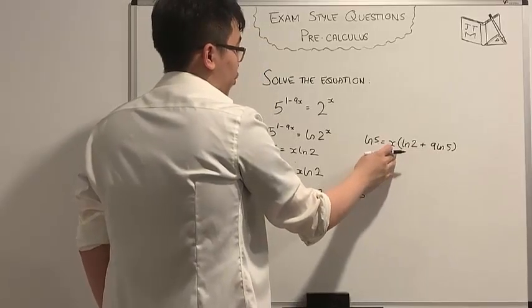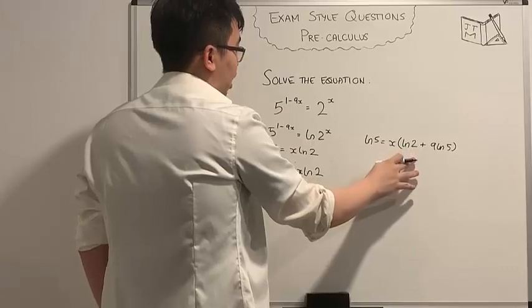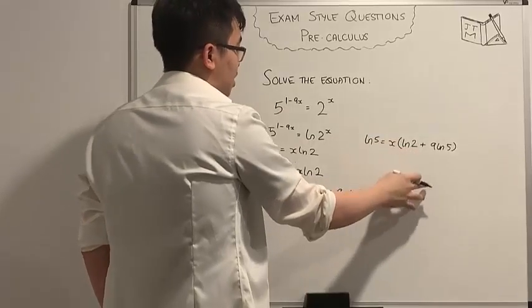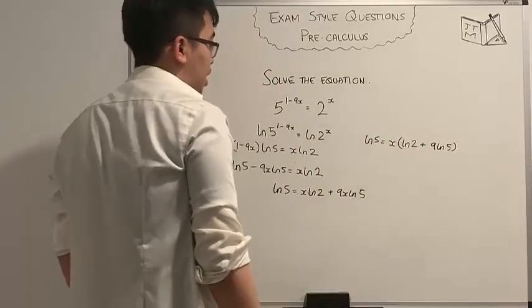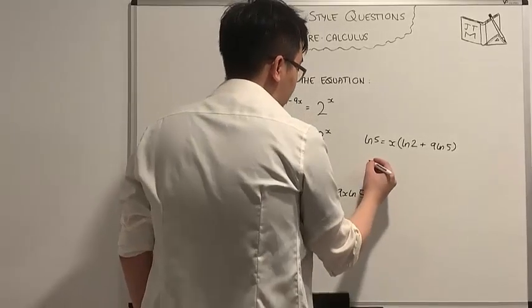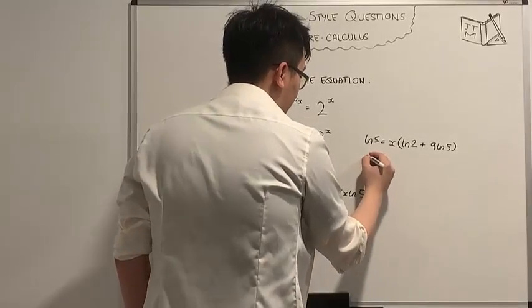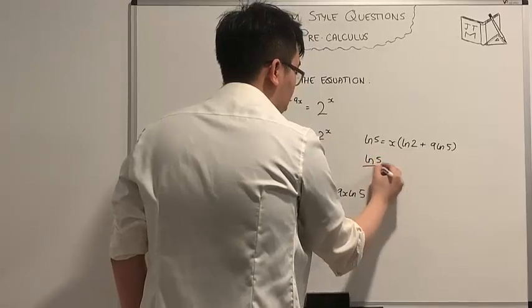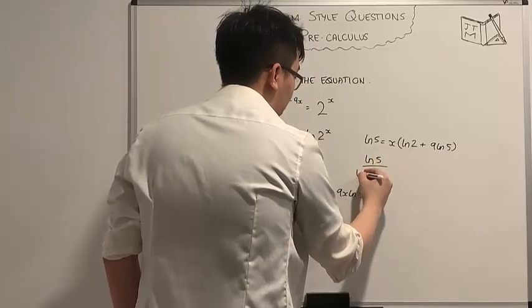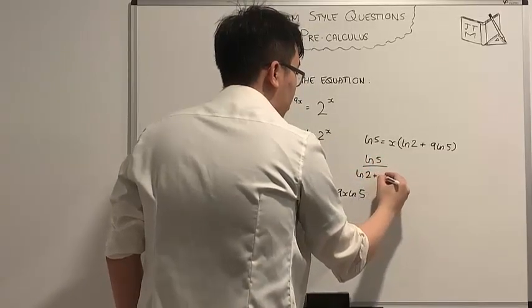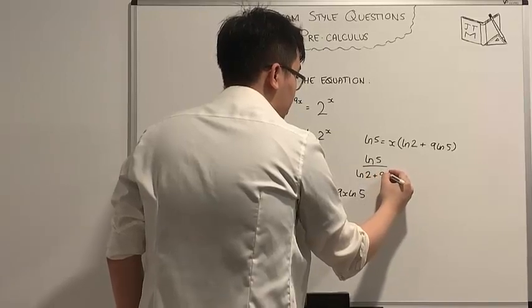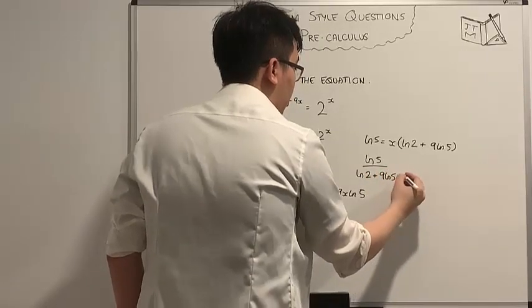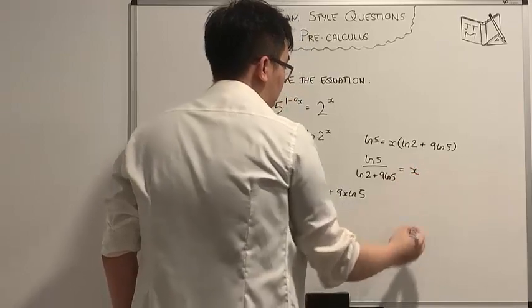So to get rid of this from the right side, I'm going to go ahead and divide both sides by this ln 2 plus 9 ln 5, which means that we'll have ln 5 over the entire thing, ln 2 plus 9 ln 5, equals x.